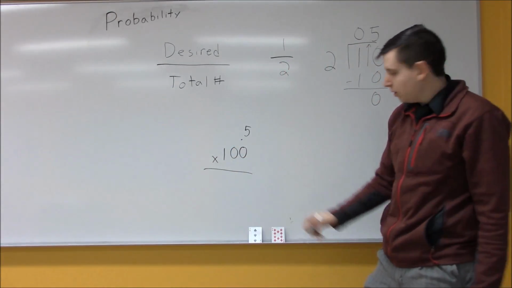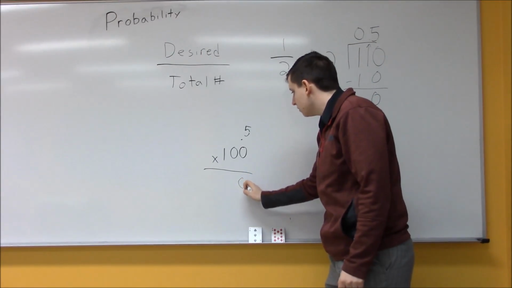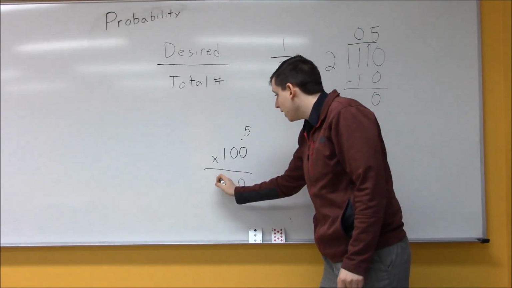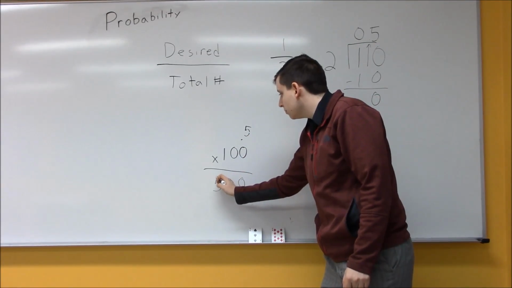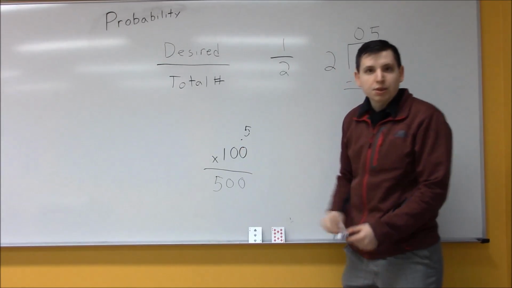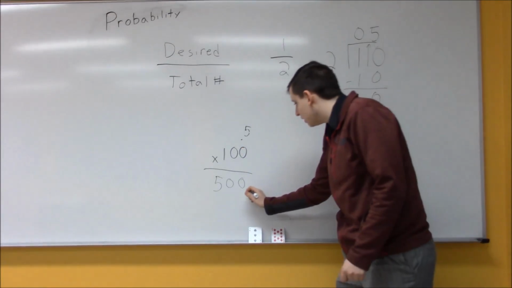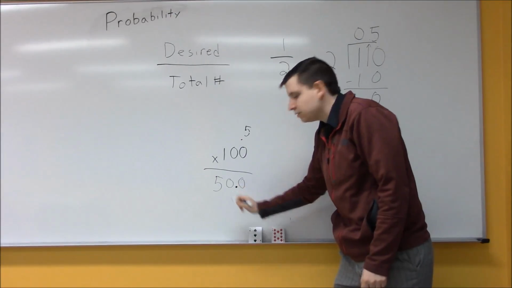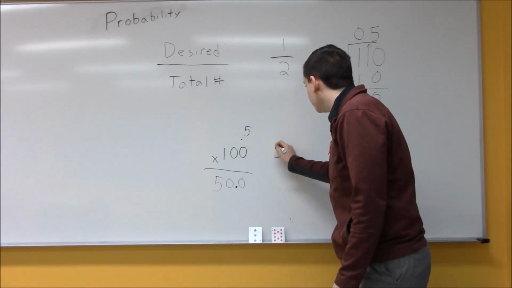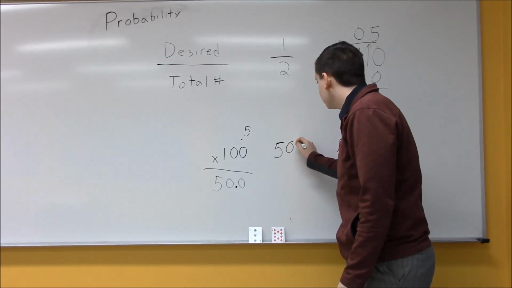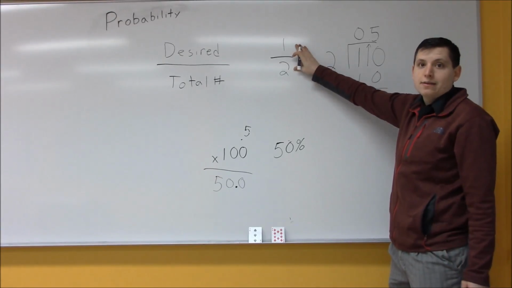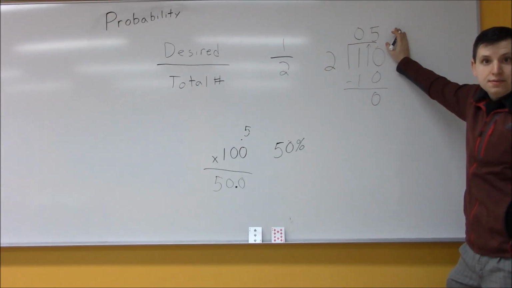So now doing this multiplication, 0 times 5 is 0, 0 times 5 is 0, 1 times 5 is 5, making sure that I'm keeping track of how many decimals I had in my question, which there was 1 decimal place in my question. So now in my answer, I need to make sure that I put that 1 decimal place. So the answer for how many percent it would be 50%. So the probability is 50%, half, or 0.5.